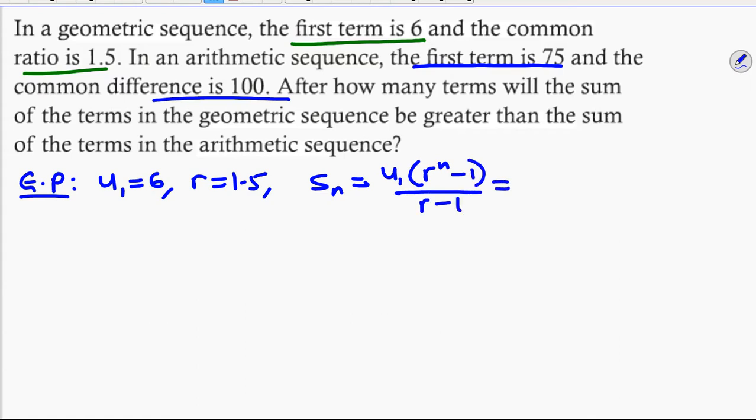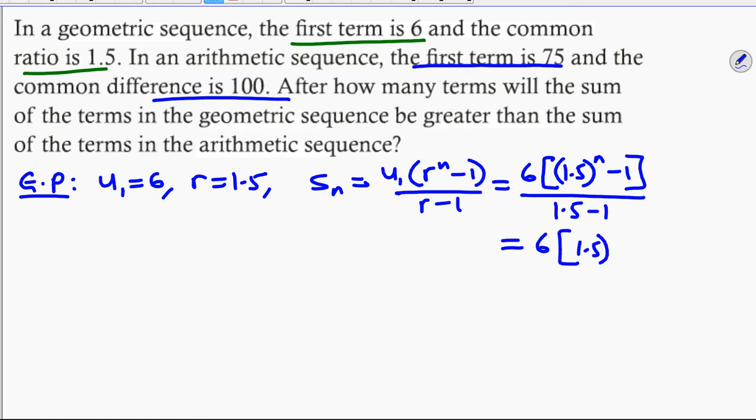For the geometric sequence, the first term is 6 and the common ratio is 1.5, which means that the sum of n terms, because this is a finite geometric series, will be equal to u1 into bracket r to the n minus 1 over r minus 1, which will be 6 into 1.5 to the power n minus 1 over 1.5 minus 1. This can be simplified as 6 into bracket 1.5 to the power n minus 1 over 0.5, which is 12 into bracket 1.5 to the power n minus 1.